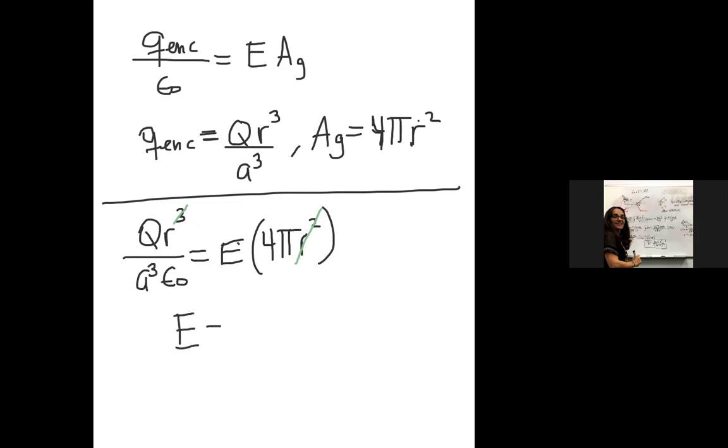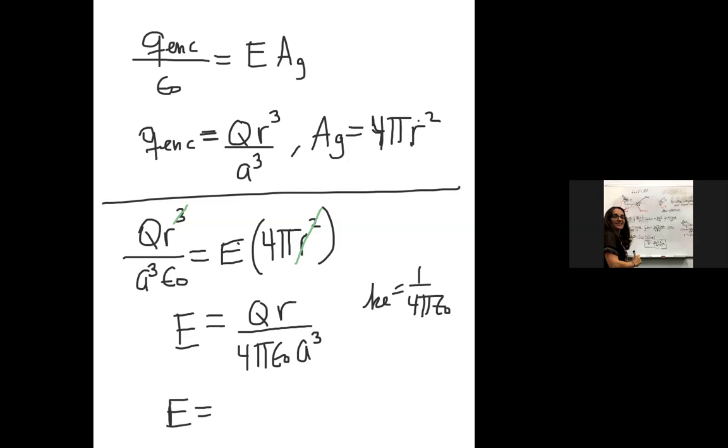The magnitude of the E field is Q r over 4 pi epsilon naught A cubed, which, if you remember, can also be written as k_e Q r over A cubed. All the same.